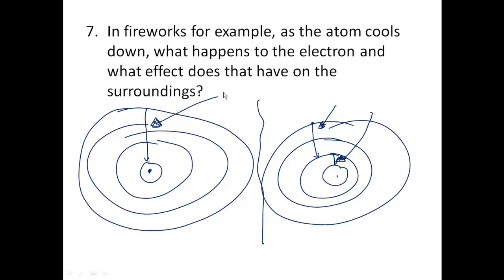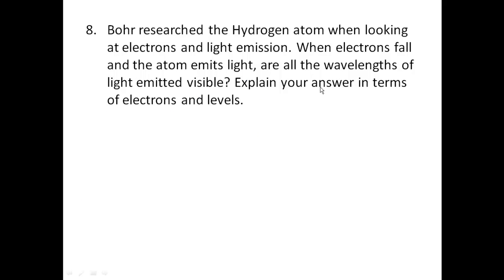So potentially this could be violet, and this could be something in the middle like a green, and then this could be something in the red range. Or potentially this could even be in the infrared range so that we couldn't see it. Or this one could be in the ultraviolet range so we couldn't see it. So it's possible that we couldn't see any of these because they are all outside of our visible spectrum.